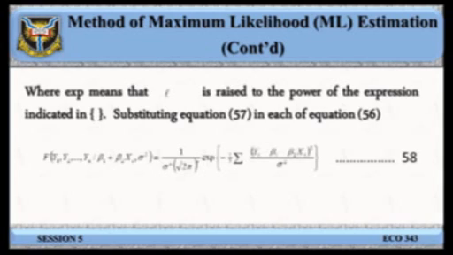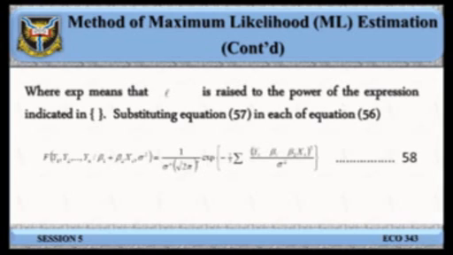Equation 57 is the density function of a normally distributed variable with the given mean and variance, where exp means that e is raised to the power of the expression indicated in braces.